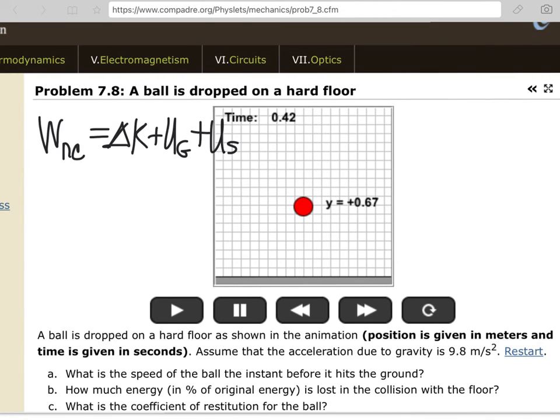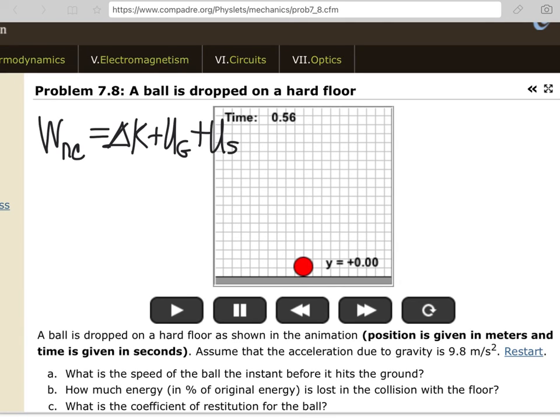I'm going to pause it and step it. So it's losing potential, it's gaining kinetic, and at this point, the work term is zero because we can ignore air resistance. And then finally it hits the ground and it stops. So all the gravitational potential changed to spring potential. And all the gravitational potential changed to kinetic the instant before it hit.